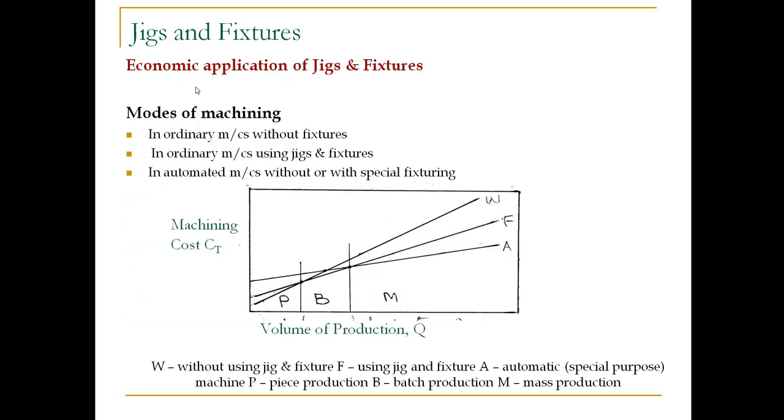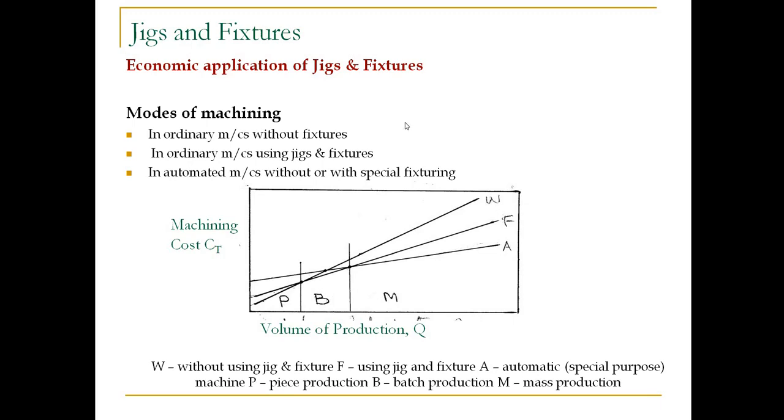The next point of discussion is nothing but economic application of jigs and fixtures. Suppose we have decided to use jigs and fixtures for a particular process of ours, for a particular product of ours, right? But ultimately we will have to see whether it is viable or not, whether it is feasible cost wise or not, whether the cost of that is ultimately hindering our profit or not, that is basically lowering our profit or increasing our profit.